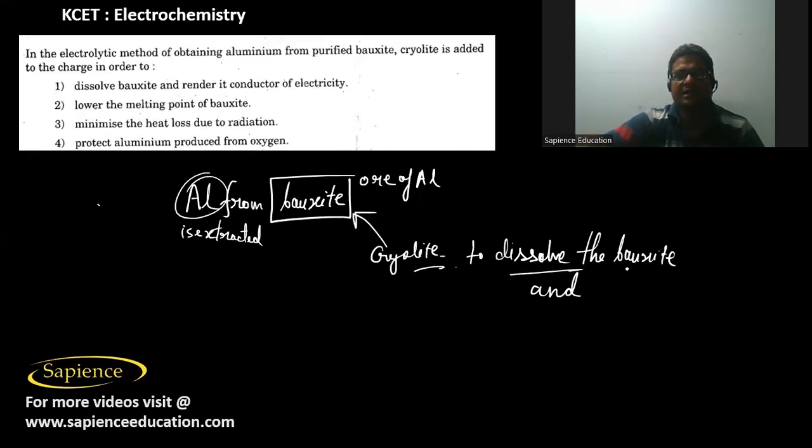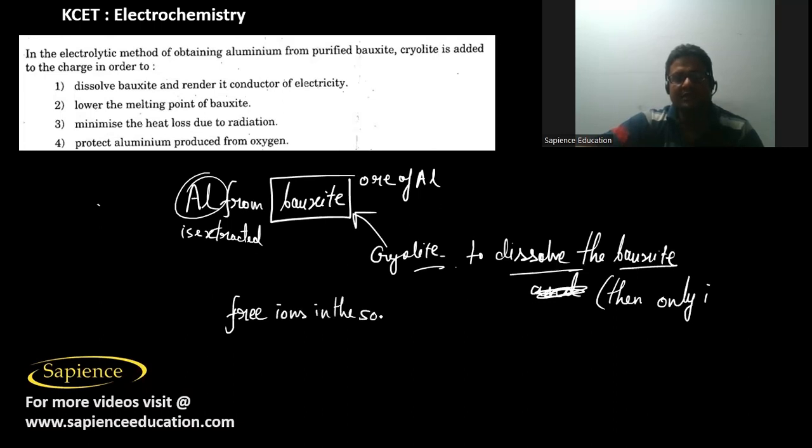Since if the bauxite is dissolved, then only it can act as a conductor of electricity. Since any object can conduct electricity only if it has got some free ions in the solution or in the molten state.